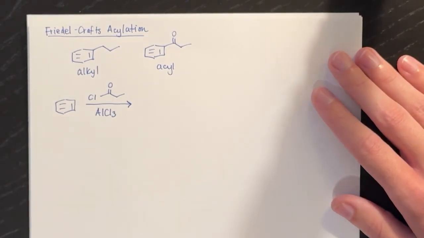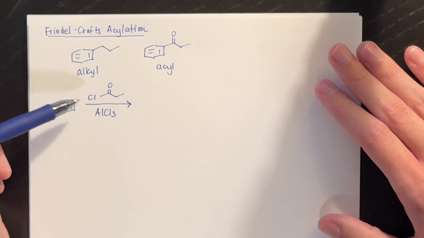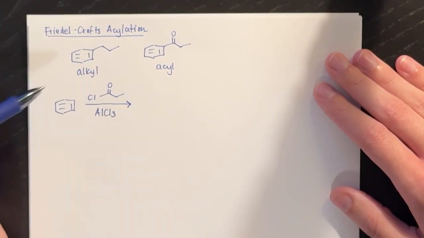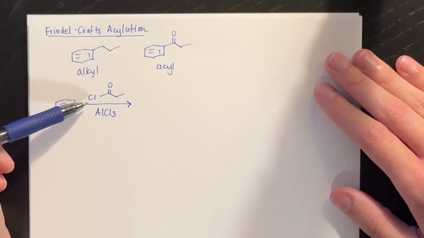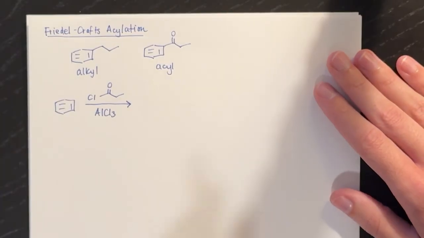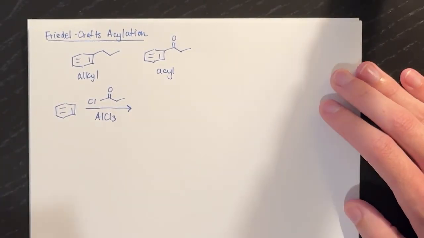In this case, we always use chlorine. If you use bromine, it's okay. But in the laboratory, you would always use a chlorine derivative. But just with a carbonyl here. So another name for this is an acid chloride or an acid halide, because these are related to carboxylic acids.